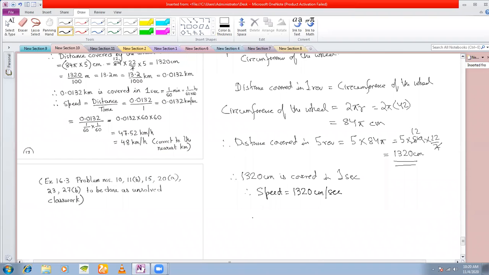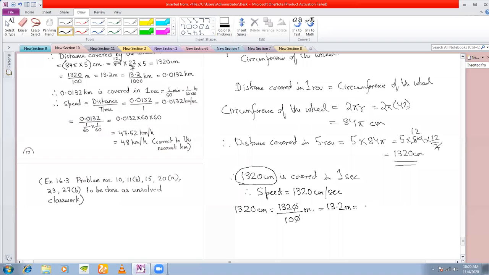This is the speed, but they have asked you to express this in kilometers, so you convert centimeter to kilometer. 1320 centimeter is 1320 divided by 100 meters, which is 13.2 meters.